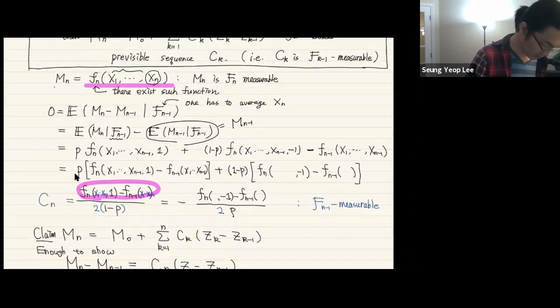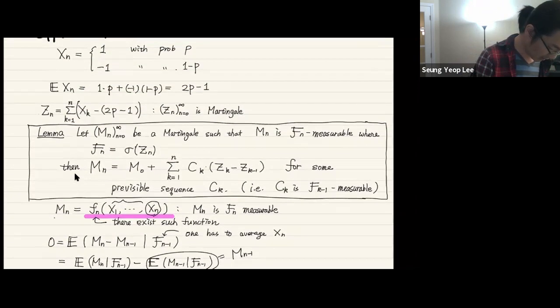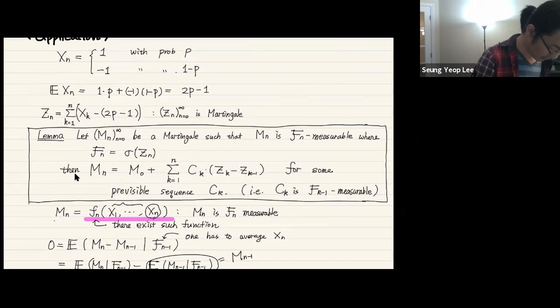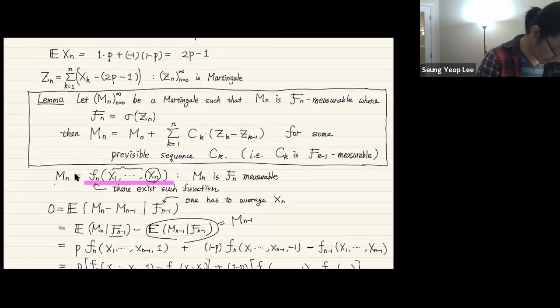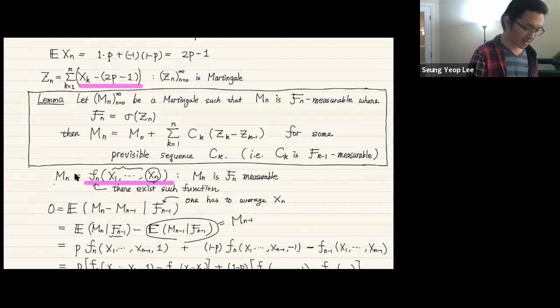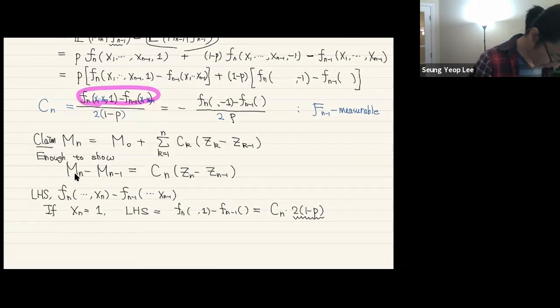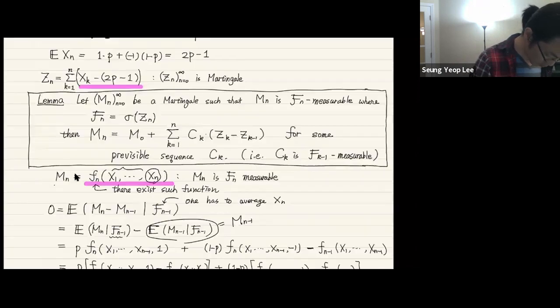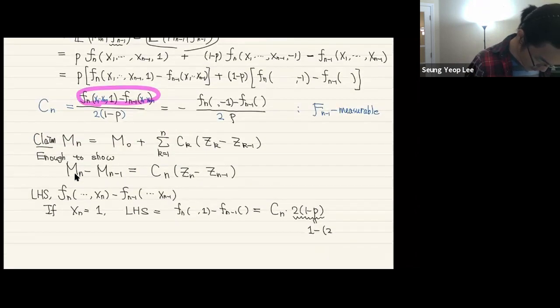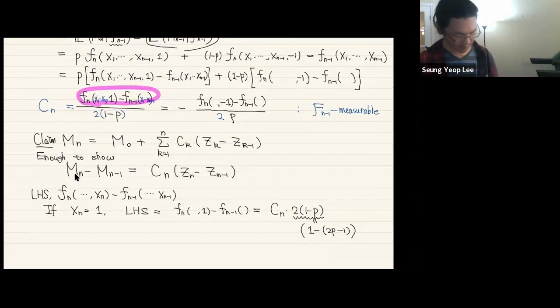And this 2 times 1 minus p is equal to, I forgot what the definition of Cn is. Yeah, Cn is the expression here. So if I put xn to be 1, then this is equal to 2 times 1 minus p, which is 1 minus 2p minus 1. Is it true? Yeah, that's true, right?